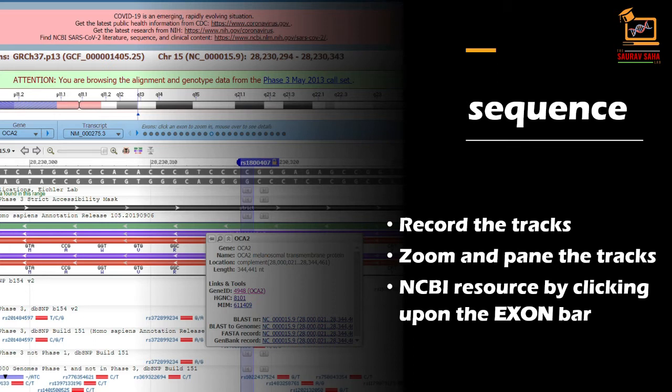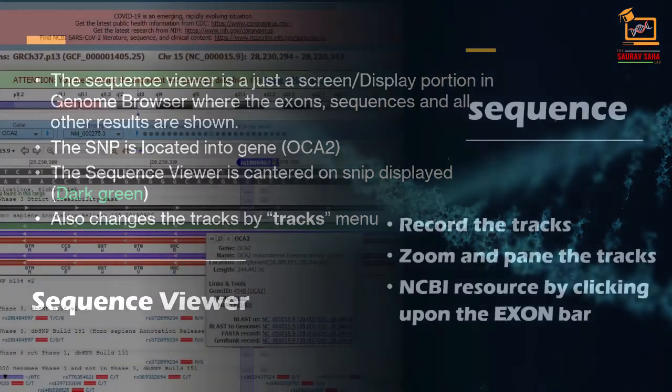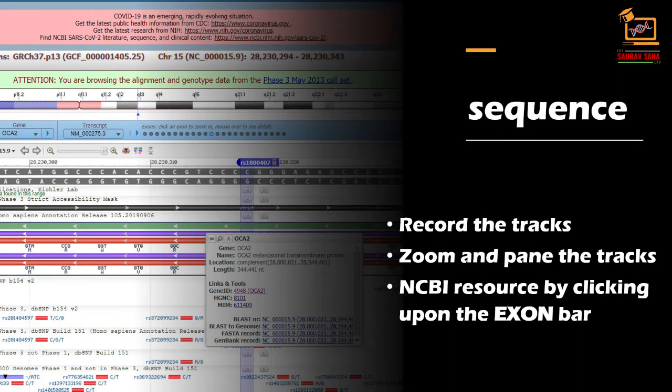Now let's talk about the sequence viewer in a detailed way. The SNP is located in the OCA2 gene. It turns one allele of the gene transparent blue. The sequence viewer is centered on the SNP, with the dark green region displayed as an exon of the OCA2 gene. We can also change the display tracks by the tracks option menu, record the tracks, zoom in and zoom out, and pan to open some menus with additional information from other NCBI resources by clicking upon the exon bar.